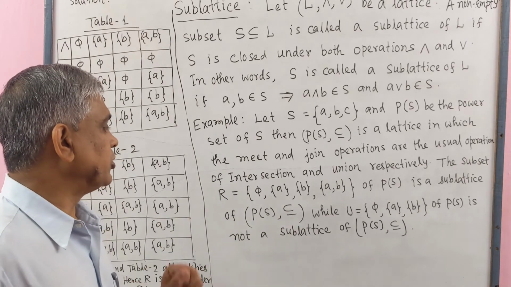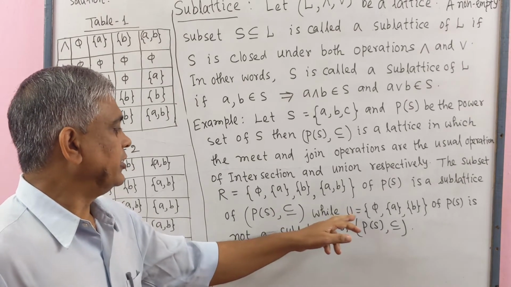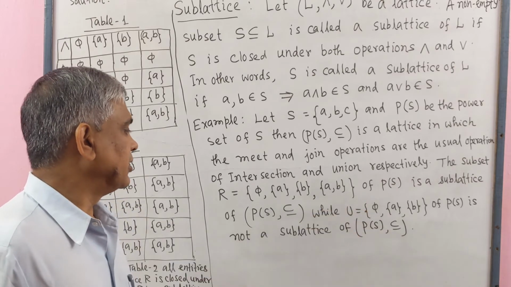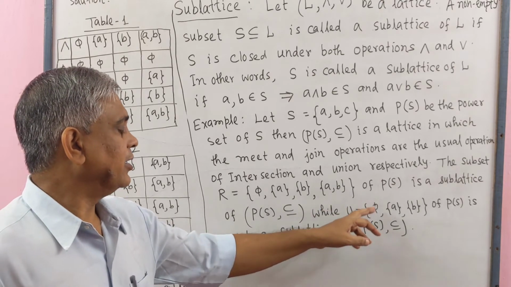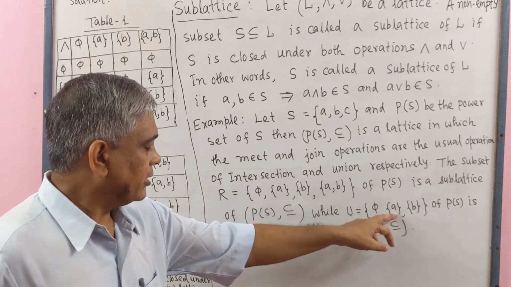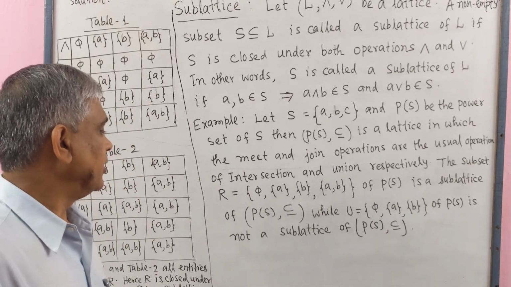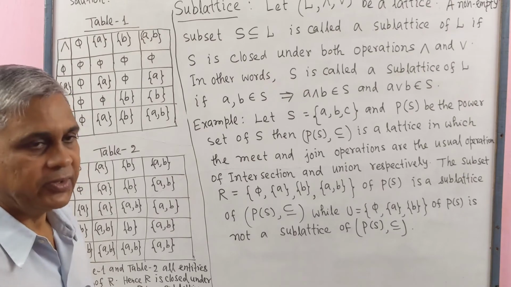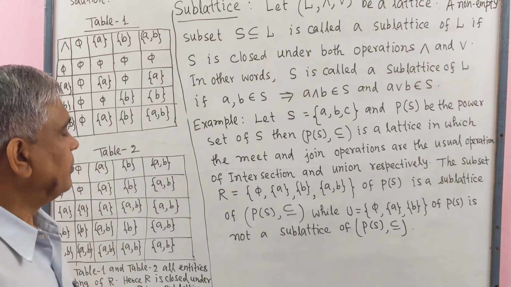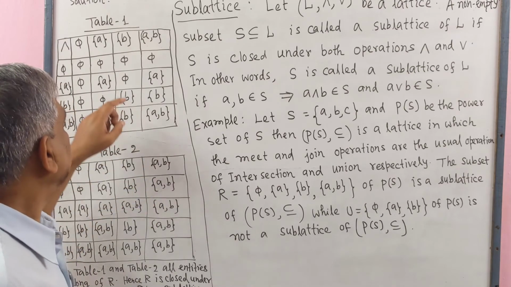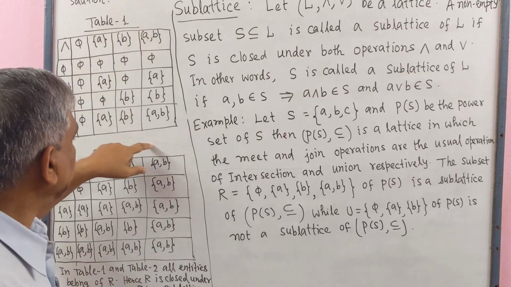Again, we will also show that U, a subset of P(S) containing elements phi, {a} and {b}, is not a sublattice. Firstly, we construct two tables, table 1 and table 2.